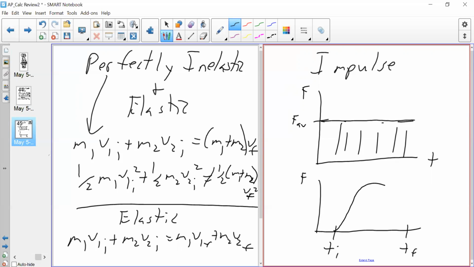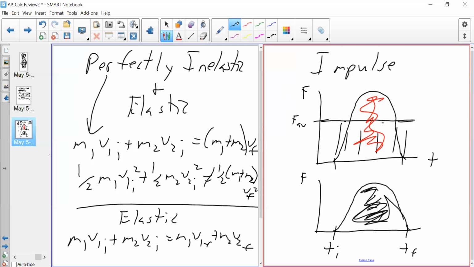We have a maximum force and then back down to a minimum. So in reality, we'd have to take the area underneath this curve, integrate this function to get our true impulse. But for the most part, we're looking at averages. In reality, I can just superpose these. In reality, it's really that situation. So we keep our life simple with the average force.